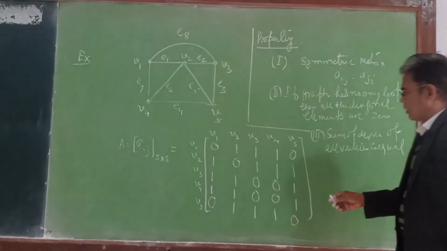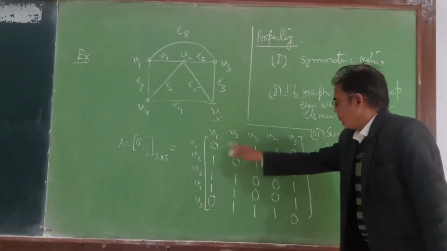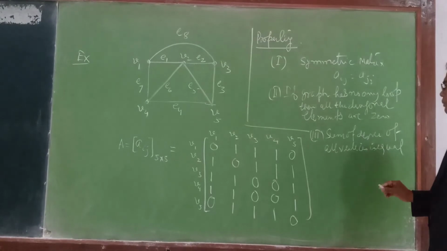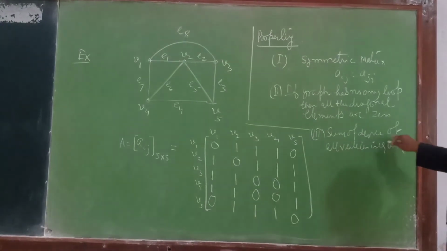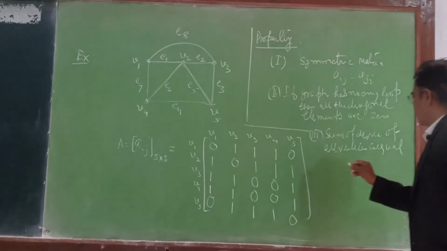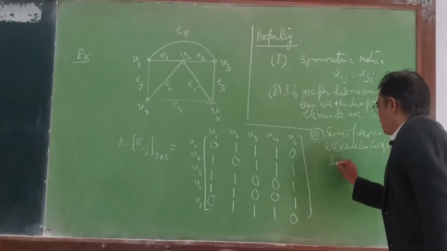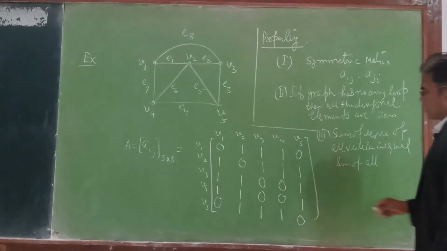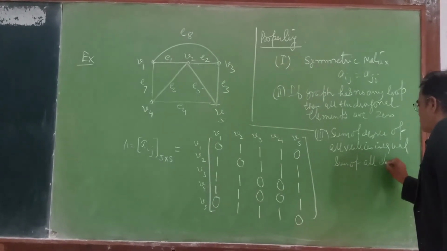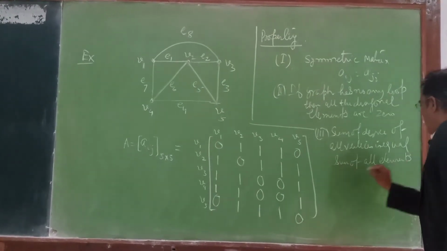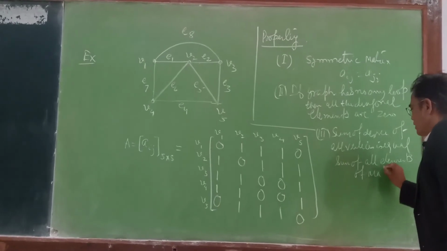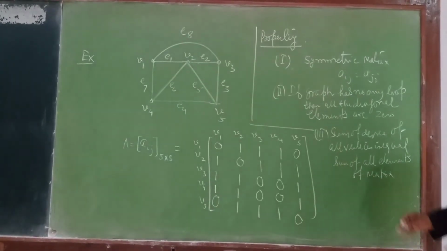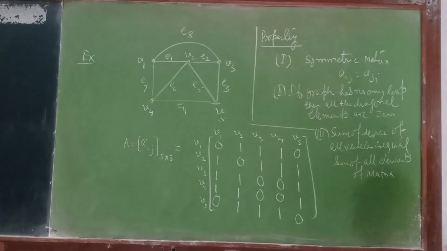If we take the sum, both are equal. So the sum of degrees of all vertices is equal to the sum of all entries in the matrix. Okay, so this is a very important property.